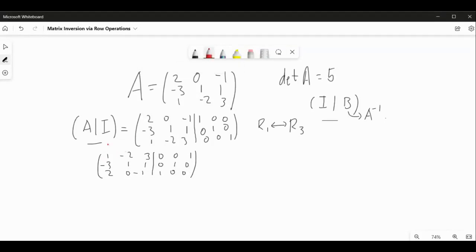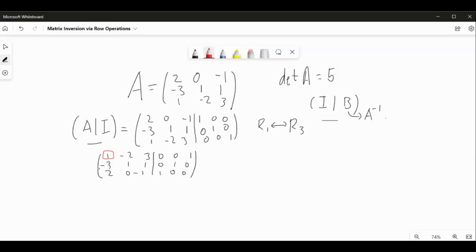Now, we focus on the first row where the first non-zero element is already equal to 1. So this is good because our final objective is to arrive at an identity matrix on the left hand side of the augmented matrix. And so the value of this being equal to 1 actually facilitates much more easily the transformation that we will have to carry out on this matrix.